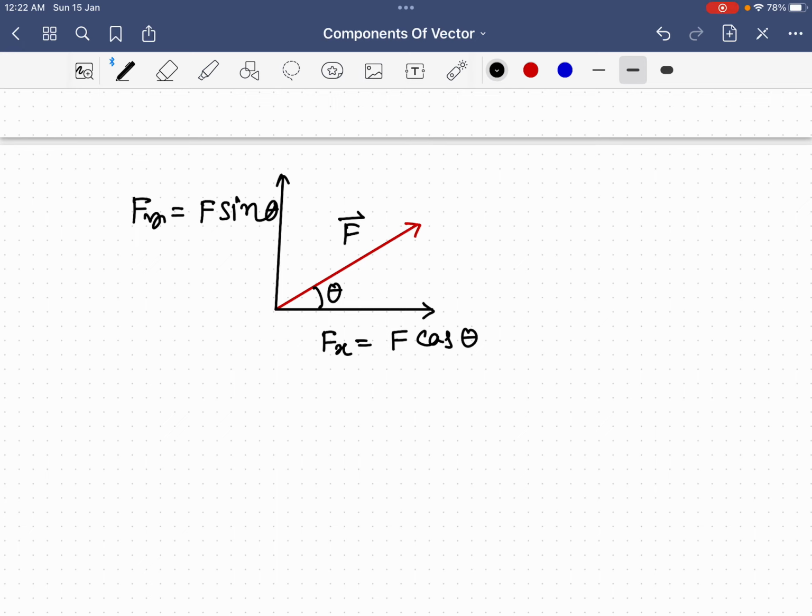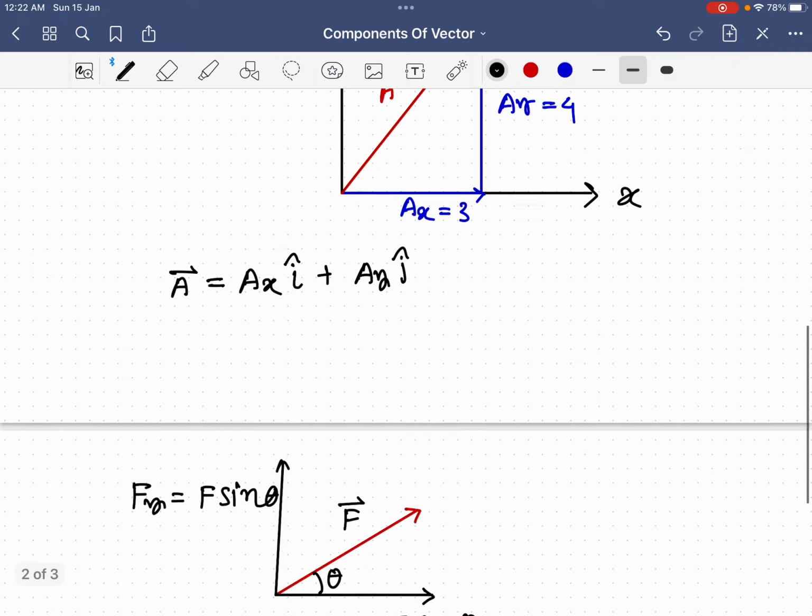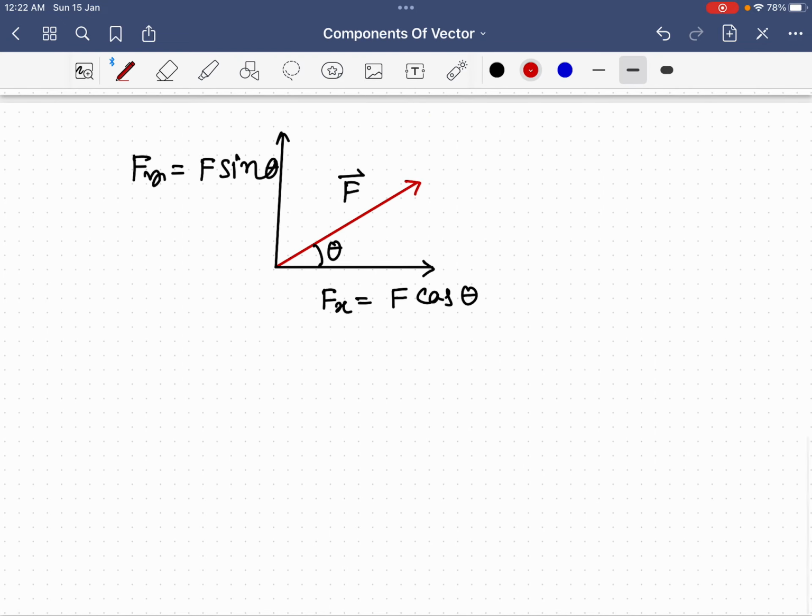कर लो। यहाँ से मैं दिखा भी दूंगा, यहाँ से देख लेते हैं। ये था hypotenuse जो 5 था, ये 3 था, ये 4 था, ये 5 था, right. This was our original vector, this is x component, y component.